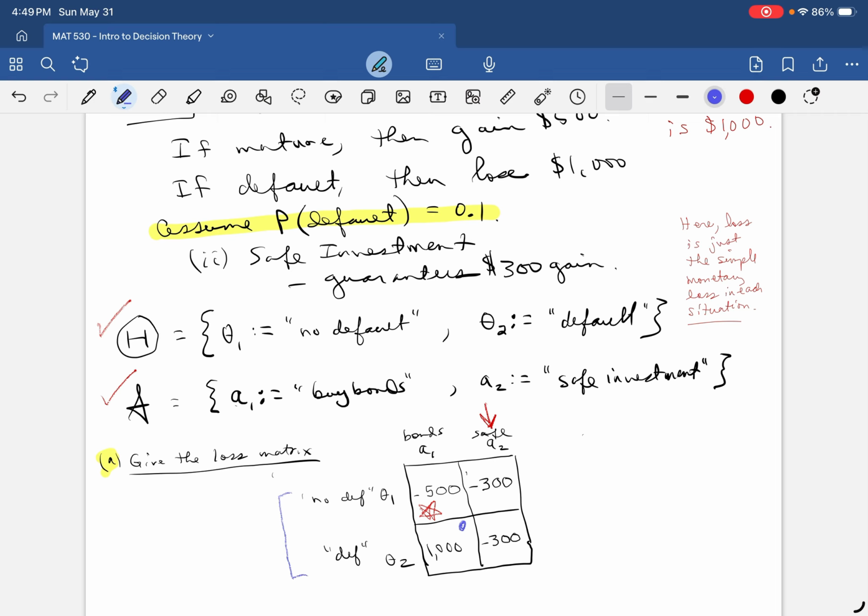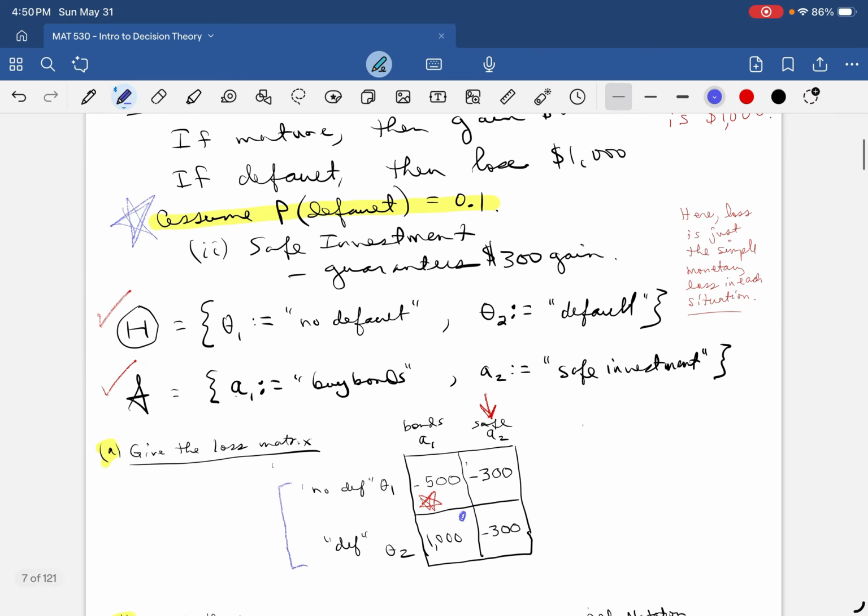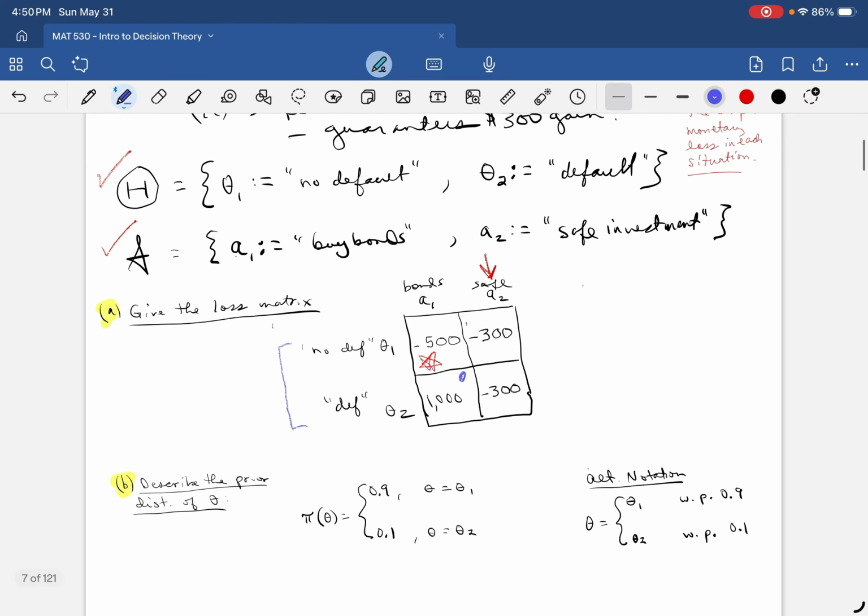Okay, and so the key is right here, right? We were told, we assumed, rather, that the bonds default with a probability of 0.1, and they will mature then, of course, with a probability of 0.9, and that's the prior distribution. And that's what we have here.